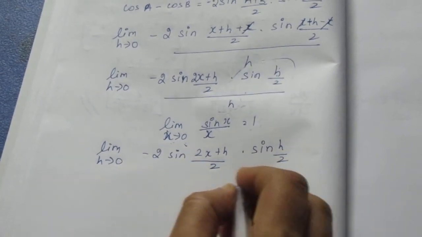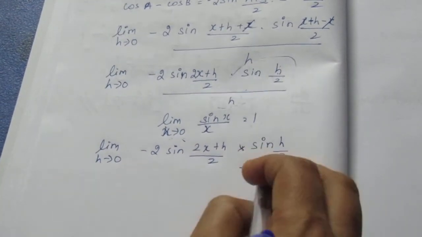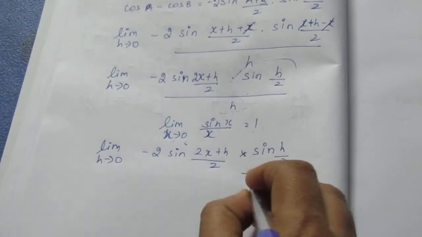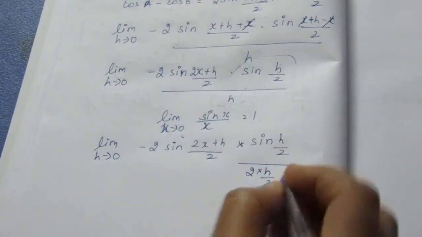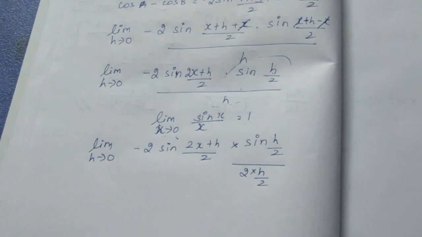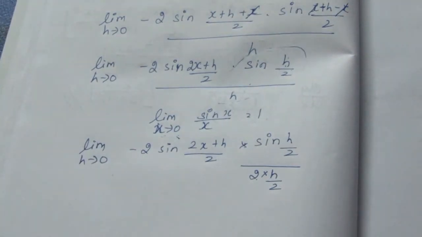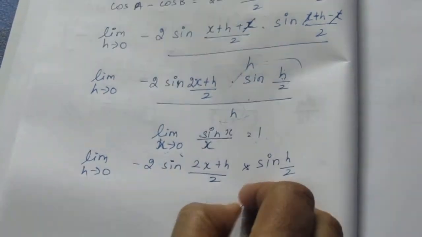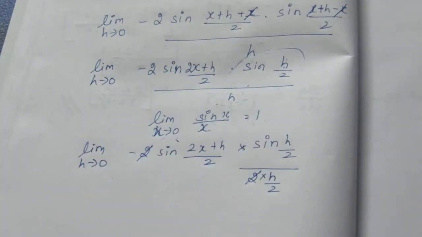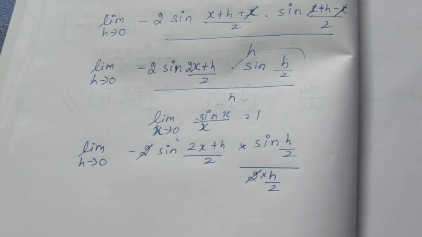It is multiplication, so you can put it anywhere. I am multiplying the denominator with 2 and dividing with 2, so that this 2 gets cancelled. I have not changed the question. Now this 2 and this 2 are in the numerator and the denominator, so we can cancel it.